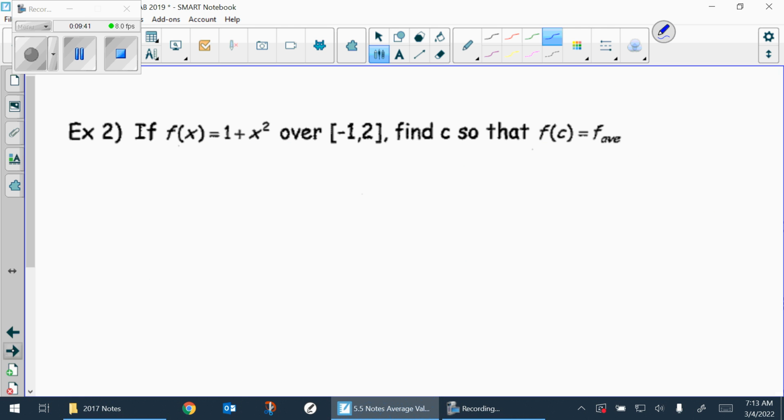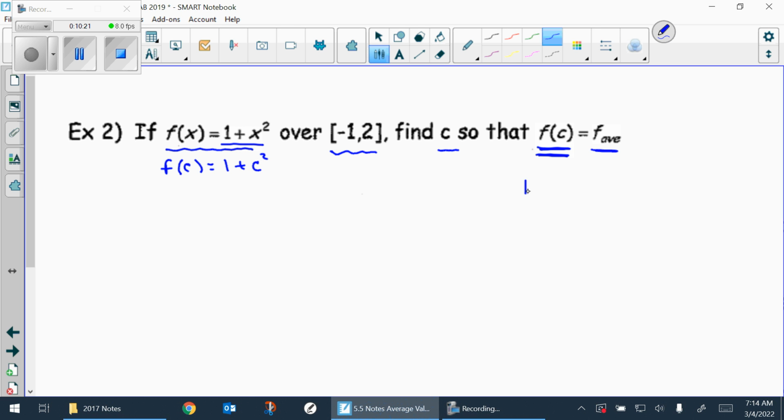So let's take a look at this. If we've got the same function on the same interval, let's find that magical x value where the y value at that place is equal to the average value. Well, let's go like this. f of c. If f of x is equal to 1 plus x squared, f of c is equal to 1 plus c squared.